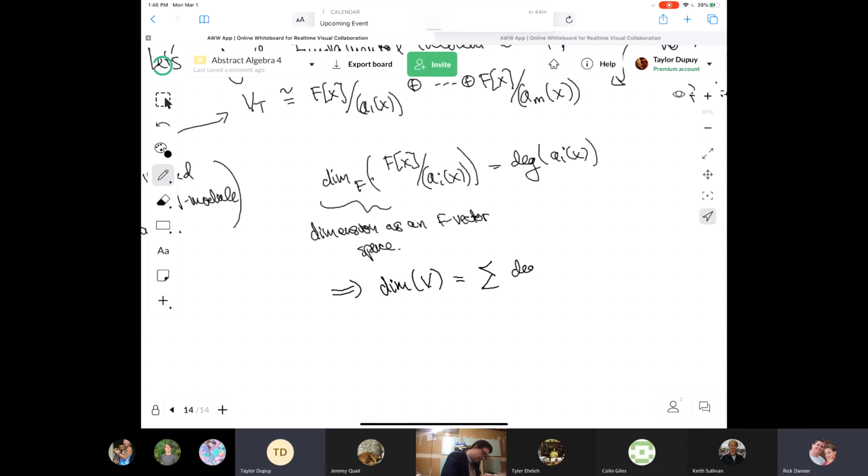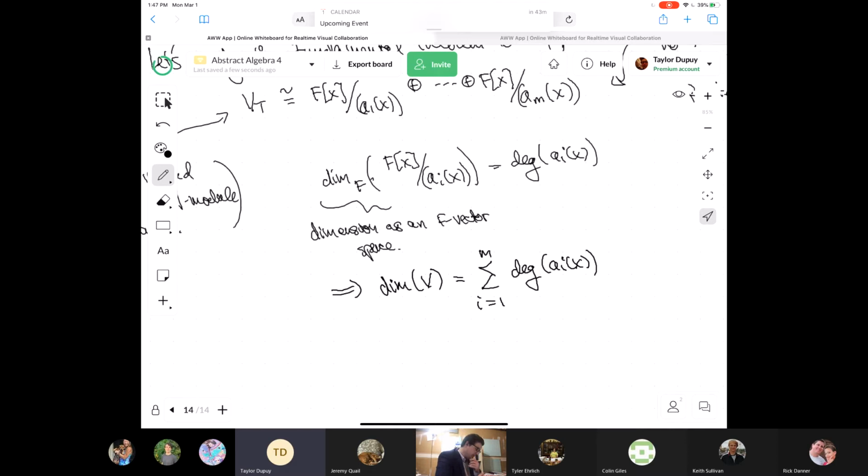That's just like it was last semester: if you've got a minimal polynomial like x^2 - 2, then the extension has degree 2. When you mod out by a polynomial, the dimension of the vector space is the degree of the polynomial.